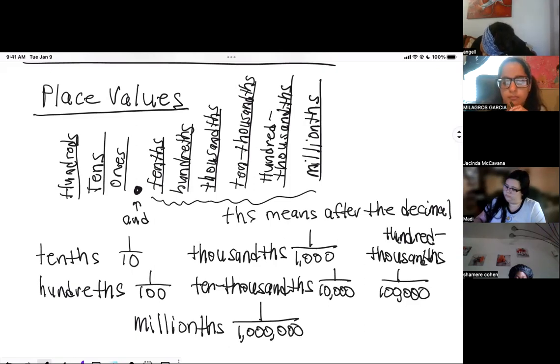So it's just the reciprocal of the number it represents. So tenths, 1/10, hundredths. I think I just spelled hundreds wrong. Did I? Yes, I forgot my D, hundredths. 1/100, etc.